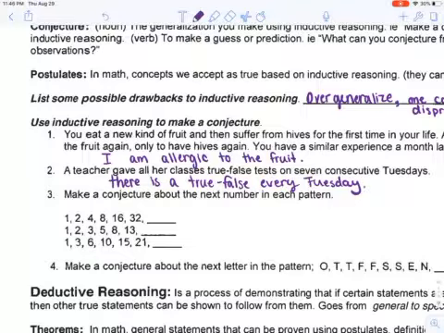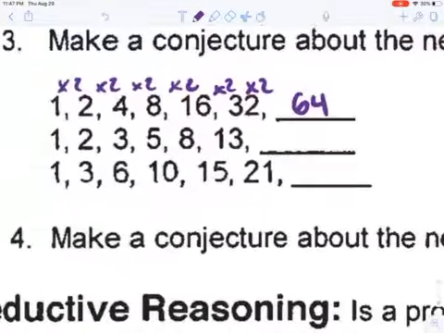And then we get to the sequences. We get to the numbers where we have to see what the pattern is. And so, in the first one, the pattern is we are multiplying by 2. And so if we multiply the last term by 2, we get 64. Now, we have the next one. This next pattern is a slight variation of Fibonacci sequence.